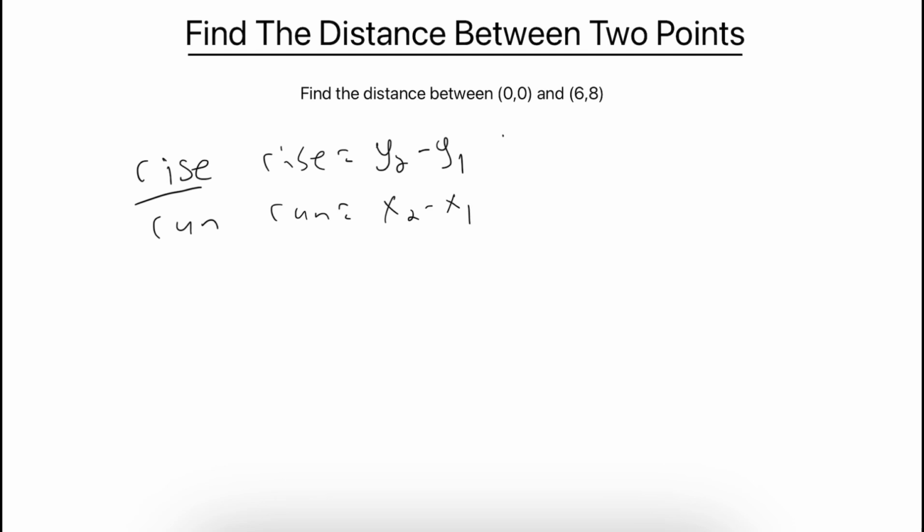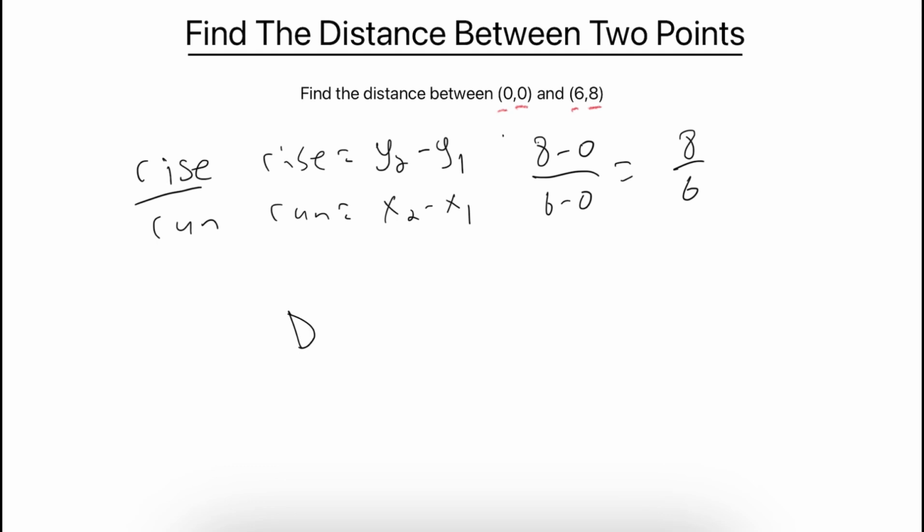So y2 is 8, y1 is 0, x2 is 6, x1 is 0. So we have 8 minus 0 over 6 minus 0, which equals 8 over 6. So our rise is 8 and our run is 6.